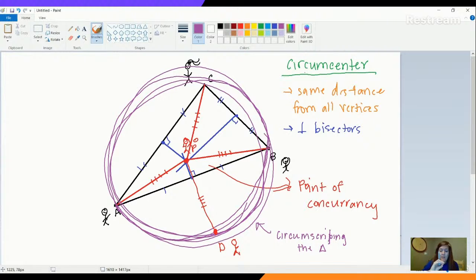So again, to find the circumcenter, you use the perpendicular bisectors to find the point of concurrency. Once you find it, that point of concurrency is equidistant from all the vertices.